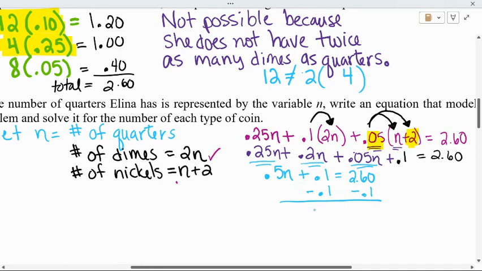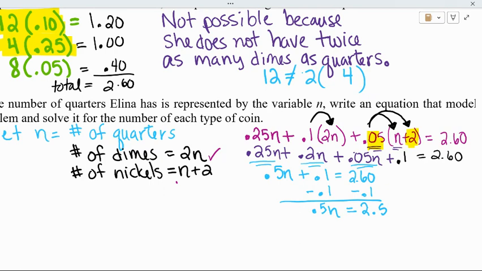So 0.5n equals, what is 2.60 minus 0.1? It's 2.5. Now what are we going to do? Divide. We're going to divide both sides by 0.5.